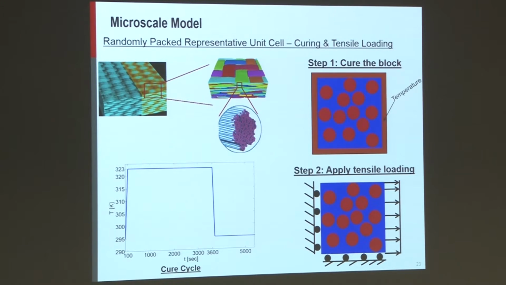So to study the influence of temperature curing cycle, we have considered a representative unit cell with temperature acting all around, and that follows a cure cycle as shown here. And after curing, a tensile load is applied to the system to determine the load displacement response, accounting for damage that could occur during the manufacturing process.